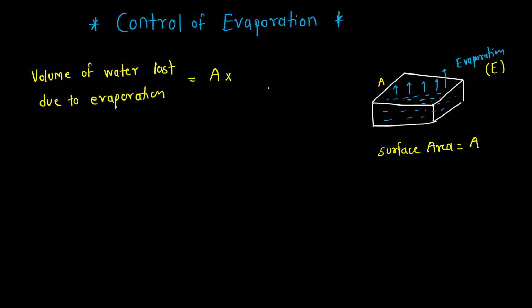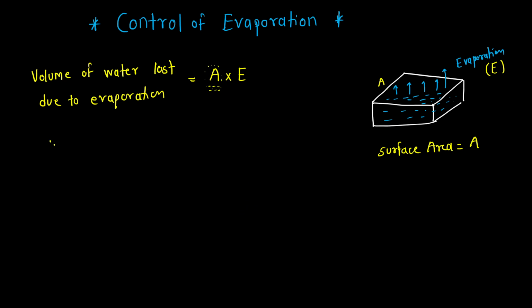So the lost water we can measure by using an evaporimeter. Okay, so let's say this is the measurement due to the evaporimeter. So that is the depth of water. So area into depth will give us the volume. So we can see that the volume of water that has been lost due to evaporation is directly proportional to the surface area of the reservoir.